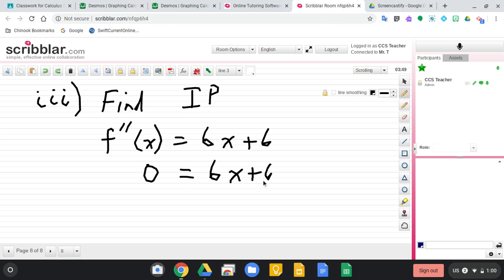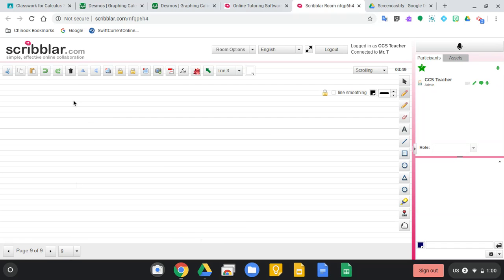So let's do that. If I take this plus 6 to the other side and subtract, that's minus 6 equals 6x. And if I divide both sides by 6, x equals minus 1. Well, we are finding inflection points. Every point has an x and a y value. So now I have to take this x value equals minus 1 and substitute it back into the original function f.